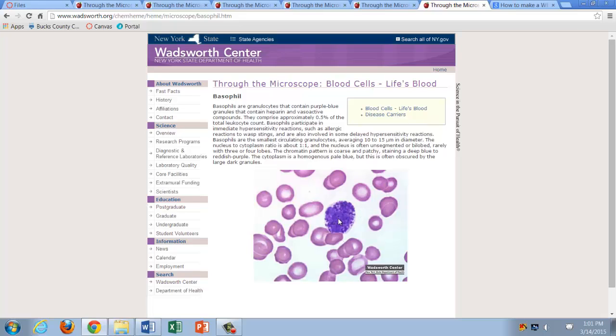You may not see these. Even if you count 100 white blood cells, you may not even see one of them. So usually 0 to 1% is normal. We think that these are prevalent when there is an anaphylactic, some sort of a skin reaction going on.